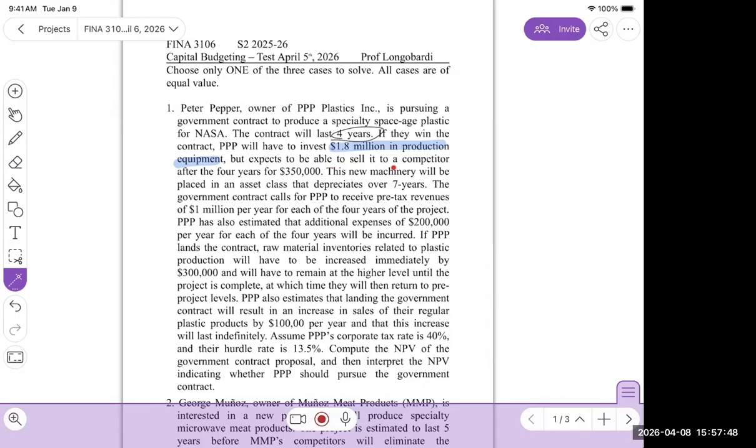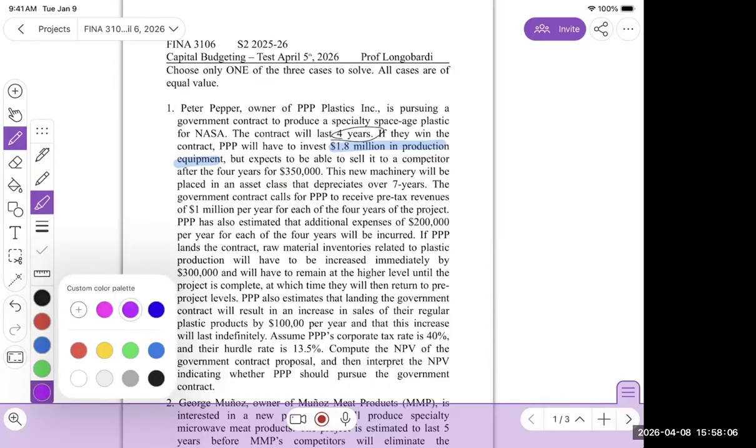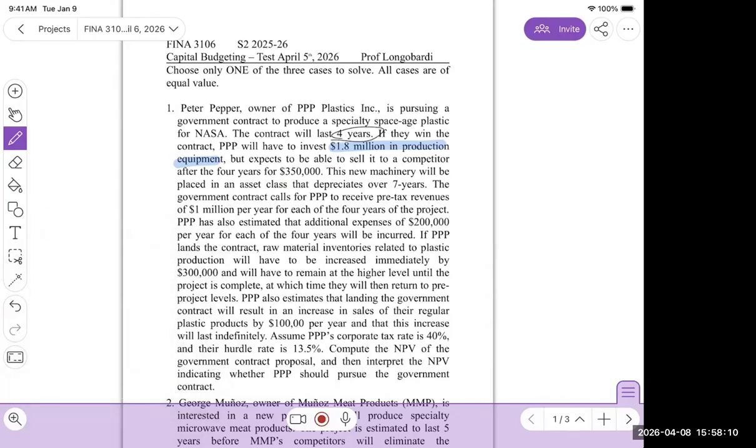But expects to be able to sell it to a competitor after the 4 years for $350,000. This new machinery will be placed in an asset class that depreciates over 7 years. So we need that, and that is tax shield information.